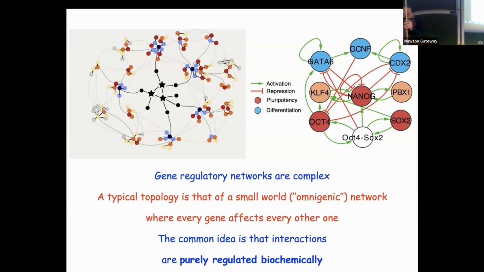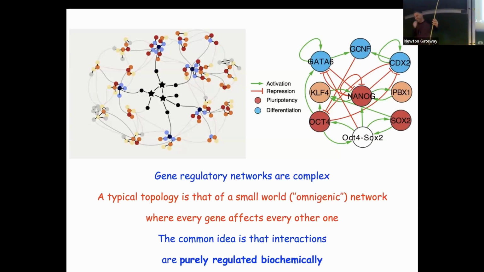In many cases, these networks are small-world, or in biological literature, they are called omnigenic. So this means that there are very many interactions. In a small-world network you can get from any node to another node with a very small number of steps. A lot of times it's very difficult to actually construct this network.